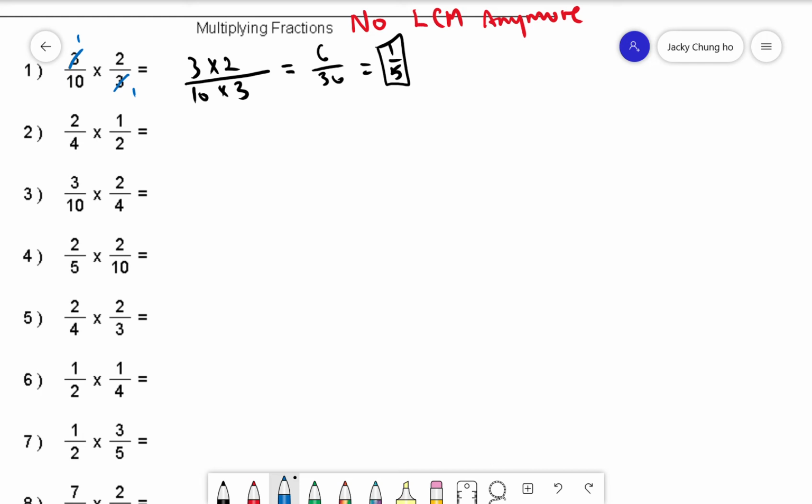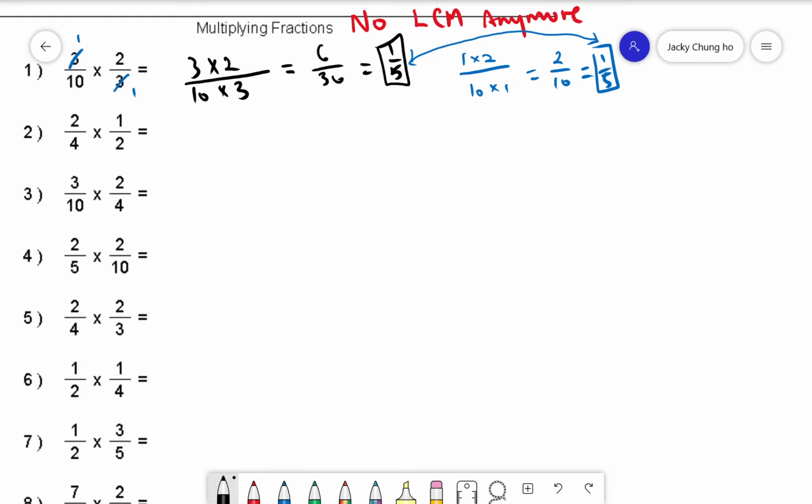So using the blue ink right now, if I look at the question again, I'm actually looking at 1 times 2 over 10 times 1, which is 2 over 10, which is 1 over 5. So anyhow, we can still get to the same final answer, whether we reduce it in the beginning or not.